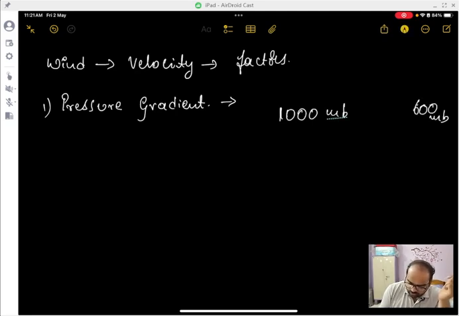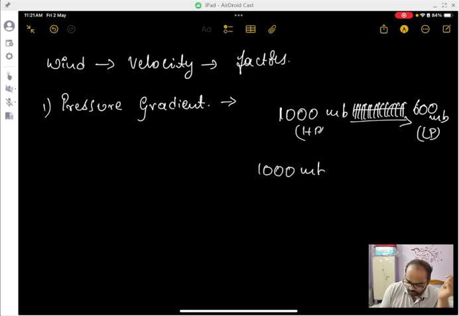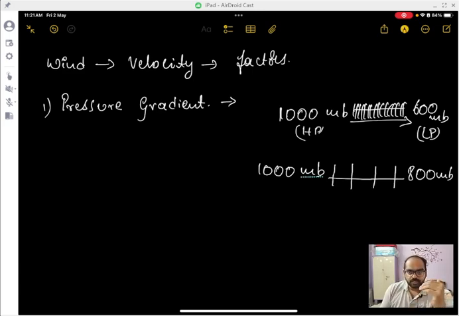So wind travels much faster from the high pressure area to the low pressure area. And if it is 800, wind travels with much less velocity from the high pressure area to the low pressure area.